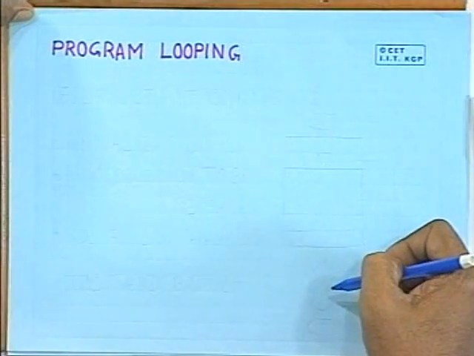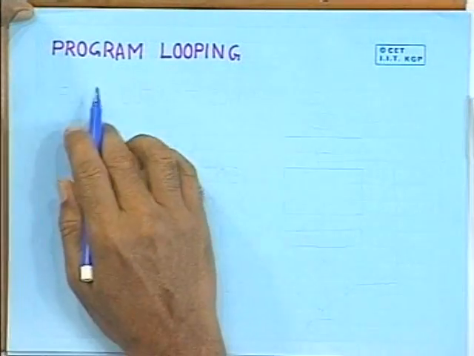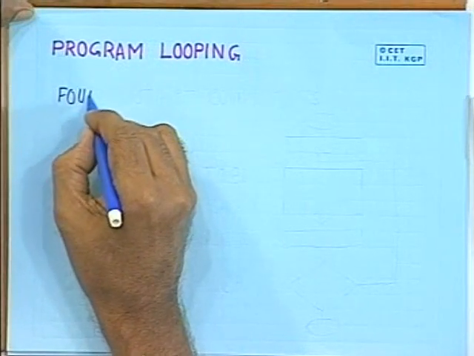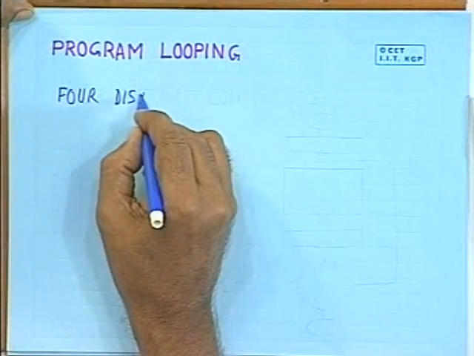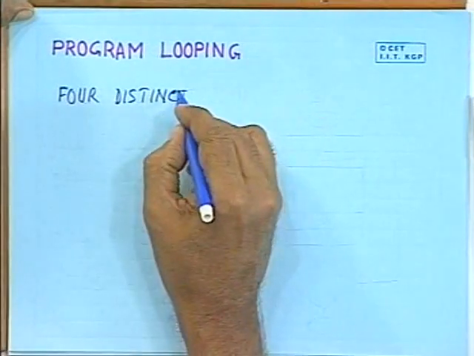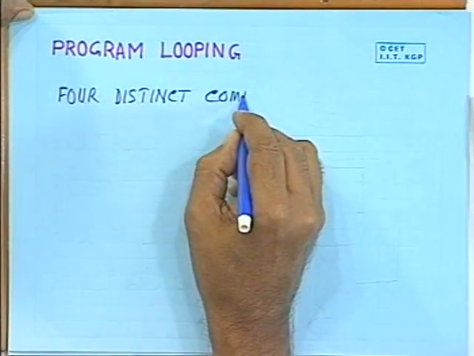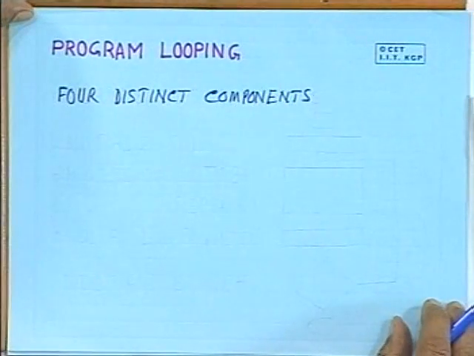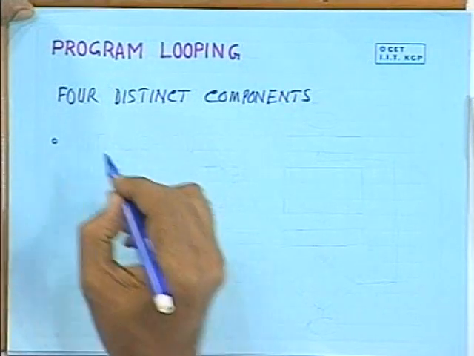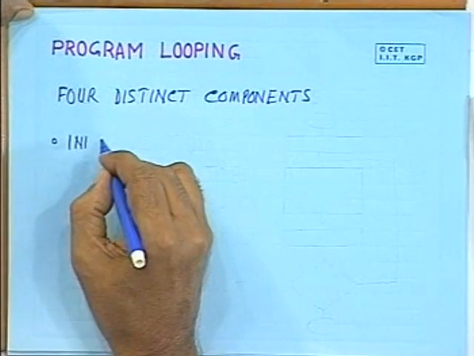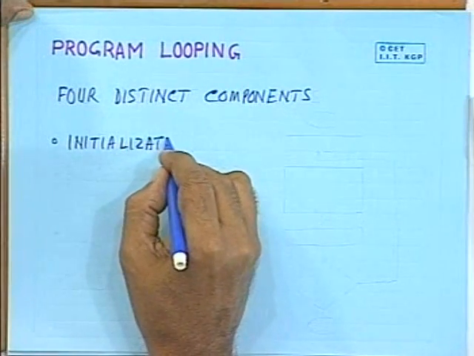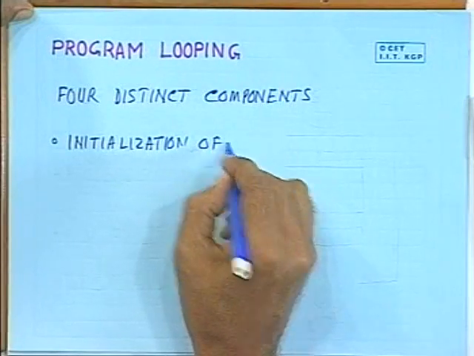In terms of instructions, the entire loop program can be divided into 4 distinct components. What are the 4 distinct components? First one, in one component it does initialization of loop parameters.